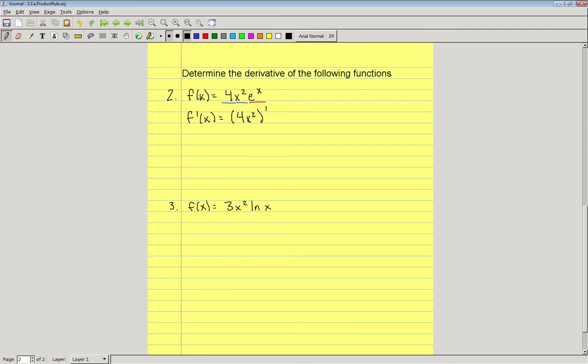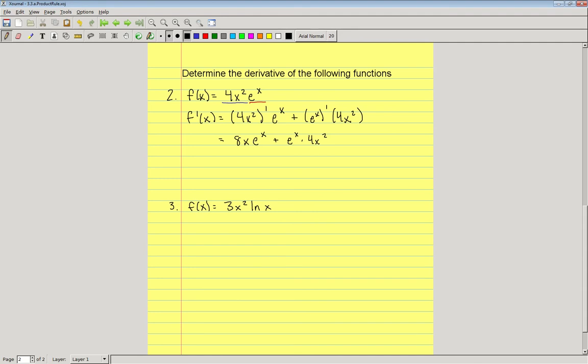So, the derivative of 4x squared times e to the x, plus the derivative of the second function times the first function left alone. The derivative of 4x squared is 8x, and then we multiply that times e to the x. And then we're going to be adding to that the derivative of e to the x, which is e to the x, and then multiplying that times 4x squared.